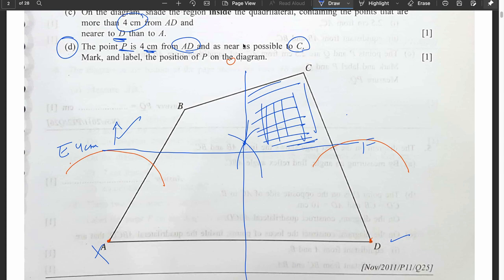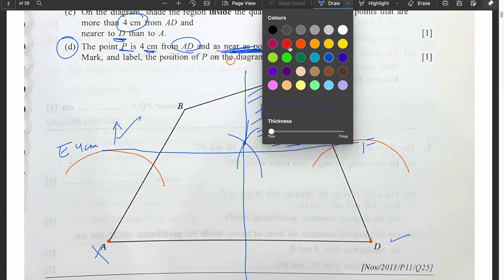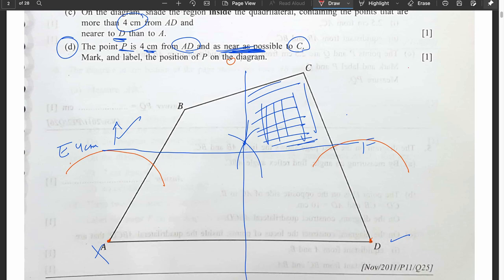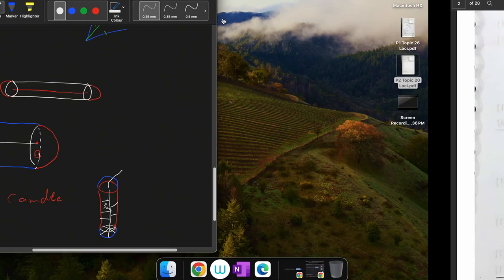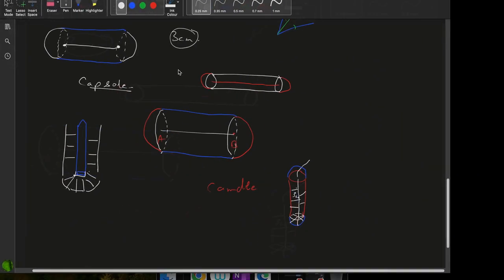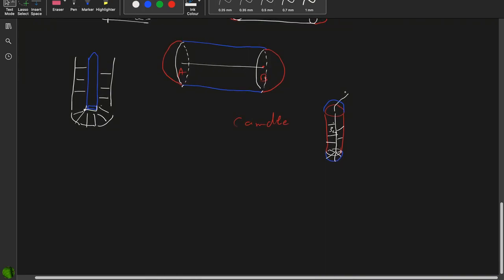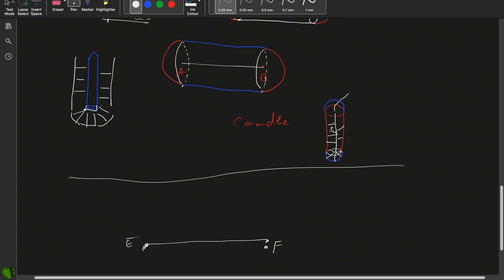and what about this thing? As near as possible to C. Now consider these two things. Whenever we talk about the shortest distance, it is always the perpendicular distance. And let's say we have this line EF, and this is the point C. So this is my first line.